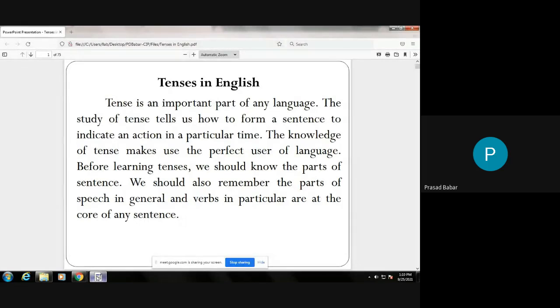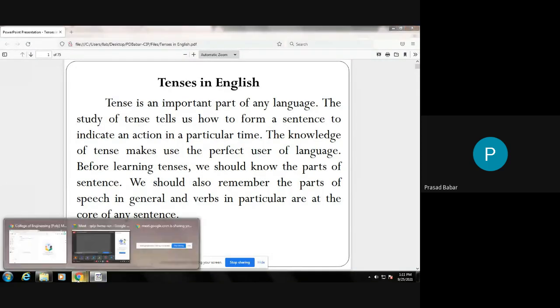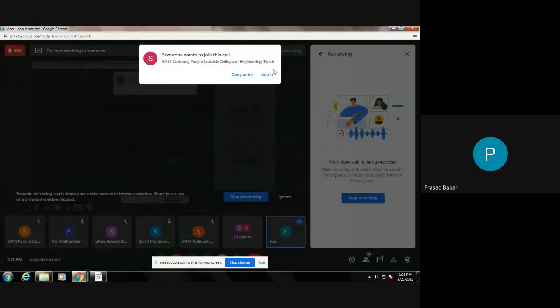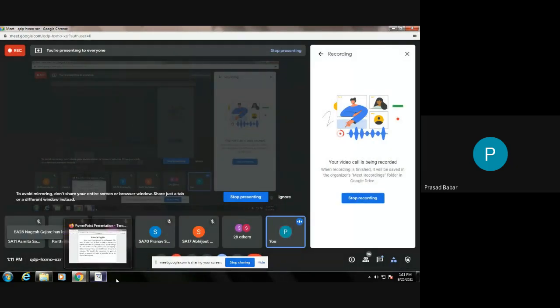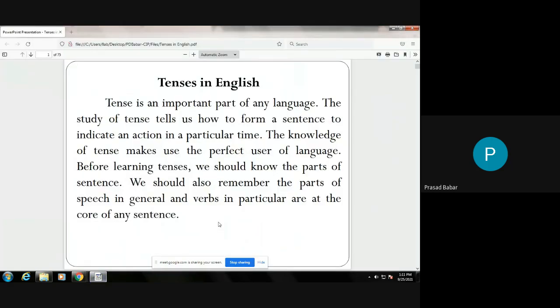Without tenses, or without proper construction of sentences, we cannot speak properly or in a grammatically correct manner. That is why we learn the structures of a sentence in different tenses.